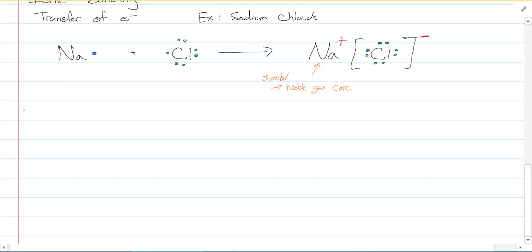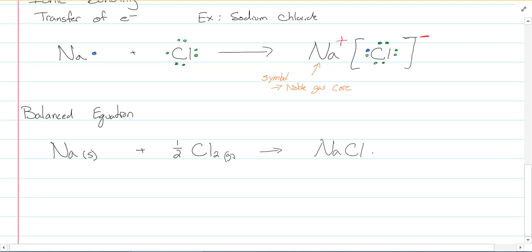The balanced equation of this is sodium, which happens to be a solid metal, plus 1/2 of chlorine, which is a gas, goes to sodium chloride, which of course is a solid.